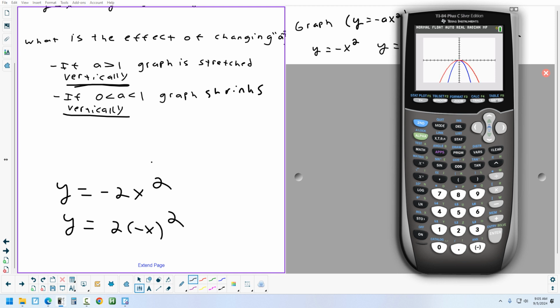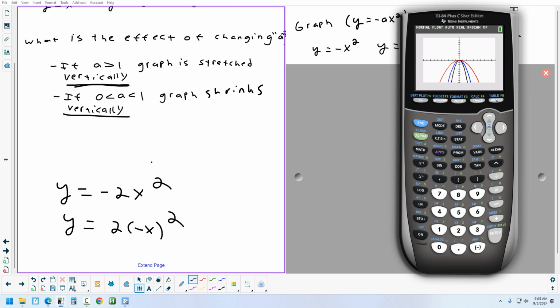What did that negative in front cause to happen in the graph? Flips on one side. Yeah, it did what, Wayne? It flips on the x-axis. Yeah, this did a reflection over the x-axis. Negatives always cause a reflection.